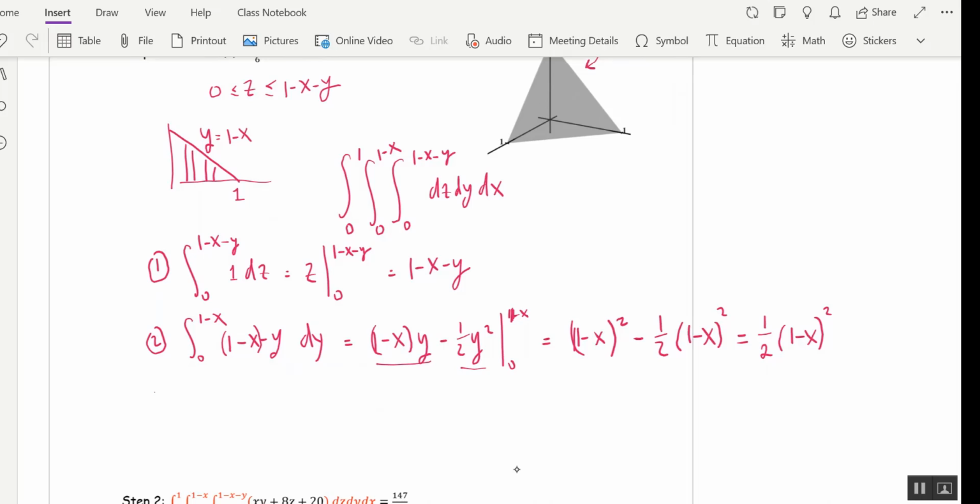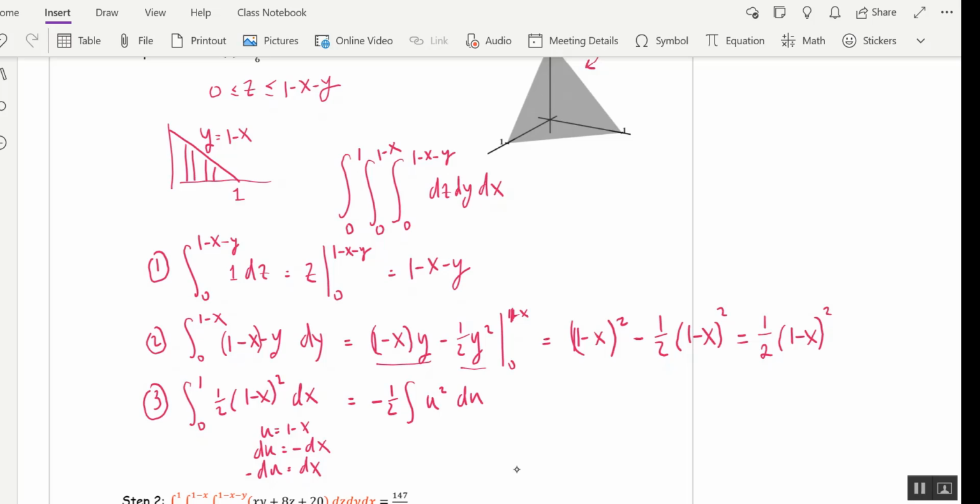Okay, so integral 3 is the integral from 0 to 1 of 1/2 (1 minus x) quantity squared dx. Now, there's several ways you could do this. You could multiply it out. You could do it in your head. I'll just do a quick u sub. U is 1 minus x. Du is negative dx, so negative du is dx. So this is going to be negative 1/2, I'll pull the 1/2 out, integral of u squared du.